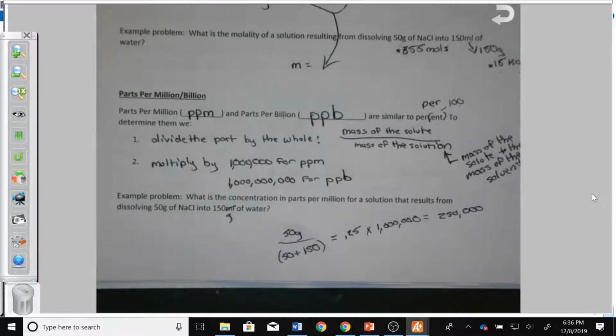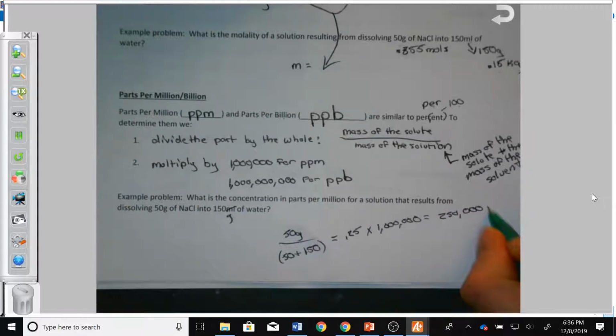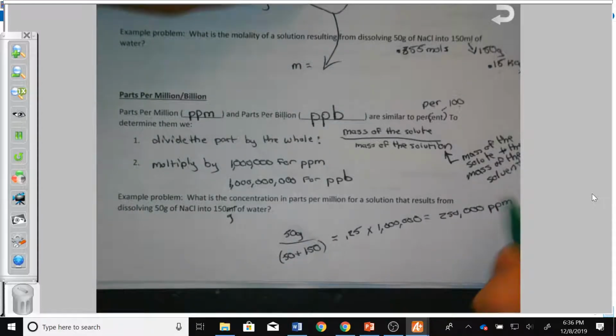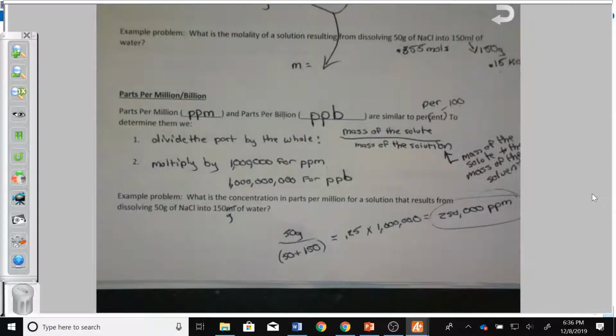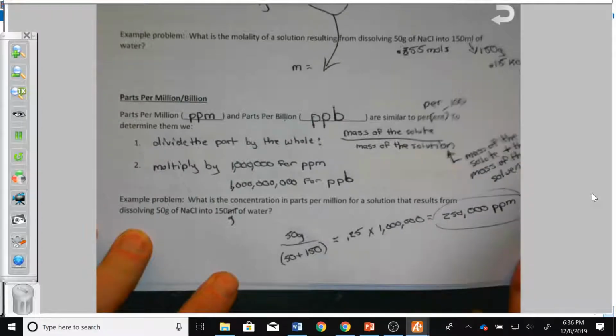And so in this particular situation, we would say this concentration would be 250,000 parts per million. Again, not a typical application there, but that's how we would run through it.